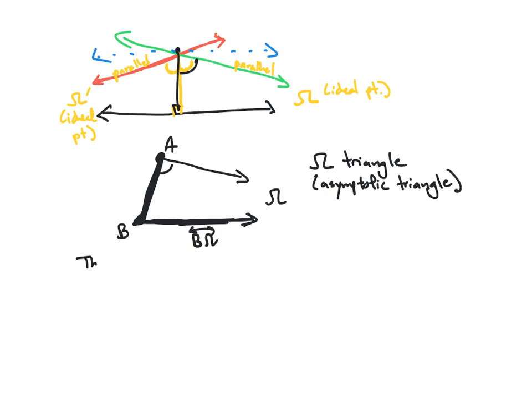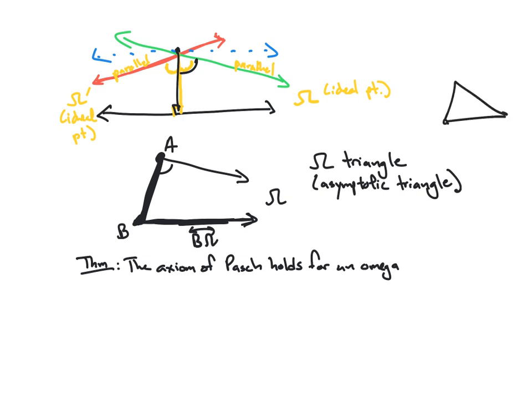So a first result to discuss is that we talked a little bit last time. We mentioned the axiom of Pasch. It holds for an omega triangle. And as a reminder, just in Euclidean geometry, the axiom of Pasch basically says if you have a line through a vertex, it has to intersect the opposite side. Or if it enters through a side, it has to intersect one of the other two sides, or the opposite vertex.